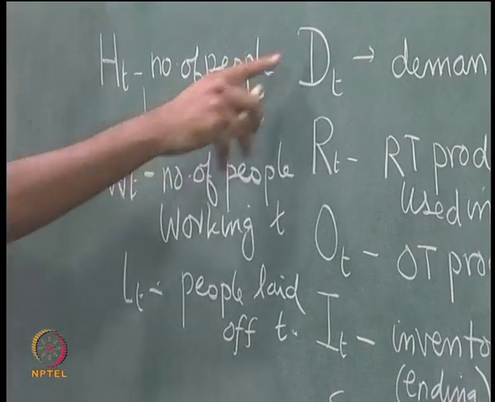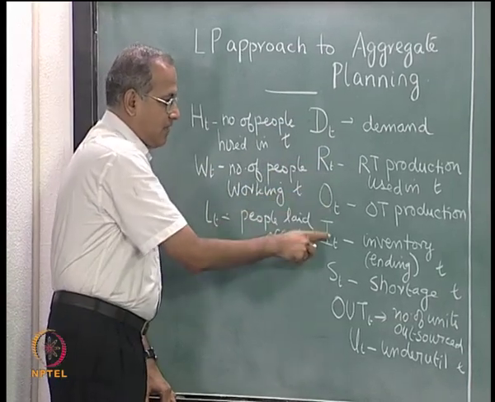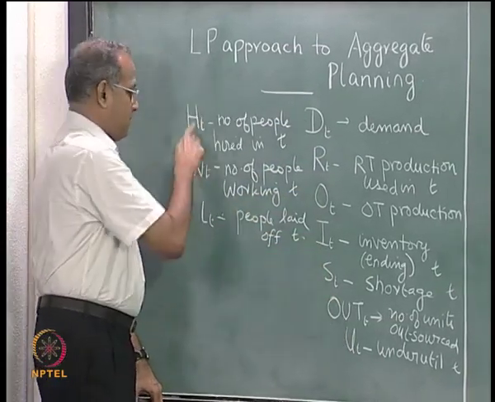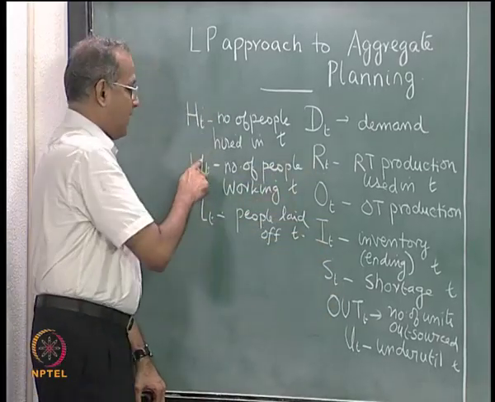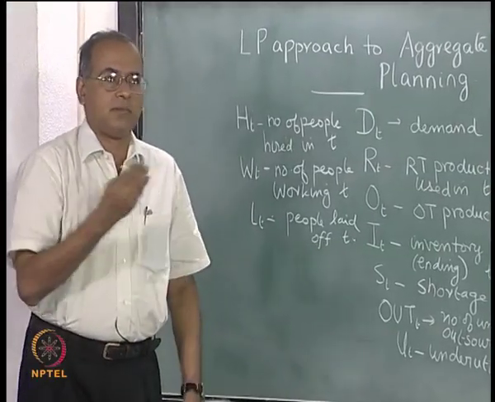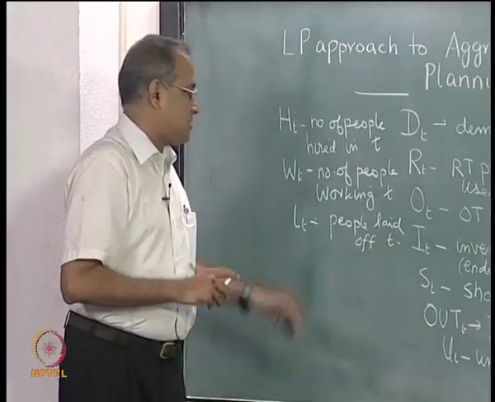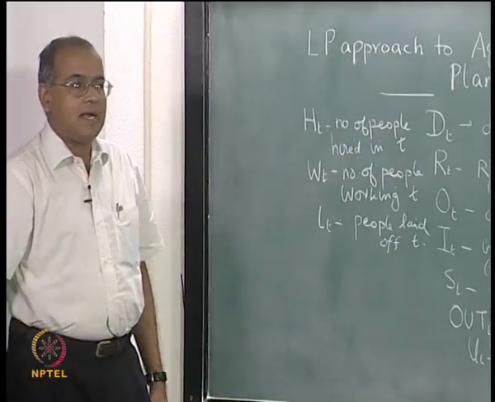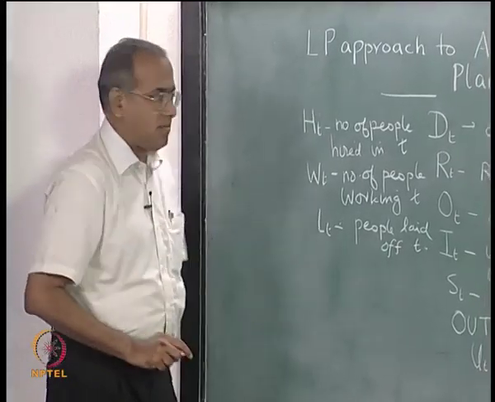Now, where this is known, DT is known, all these are variables that we have to find out. So, there are 1, 2, 3, 4, 5, 6, 7, 8, 9 variables effectively, but there is a relationship among these variables. Now, we also have costs associated with each one of them, which we denote by using the lowercase letters.